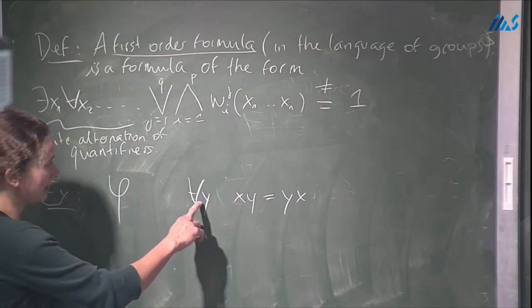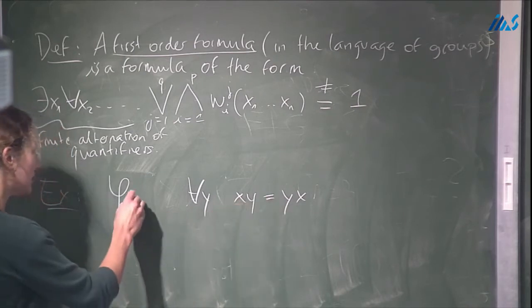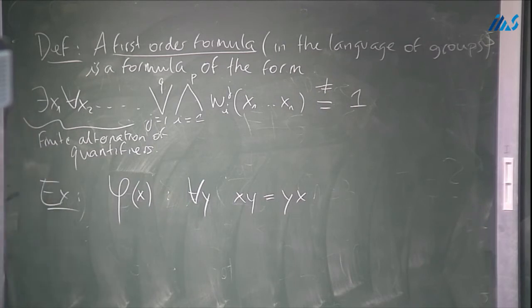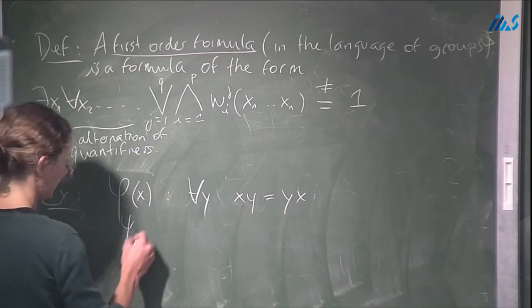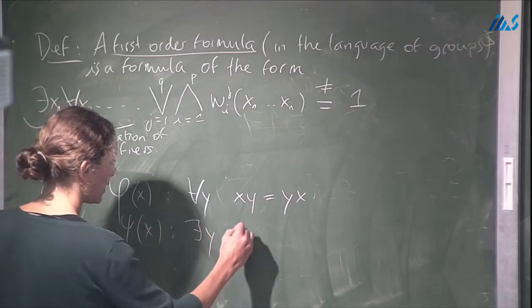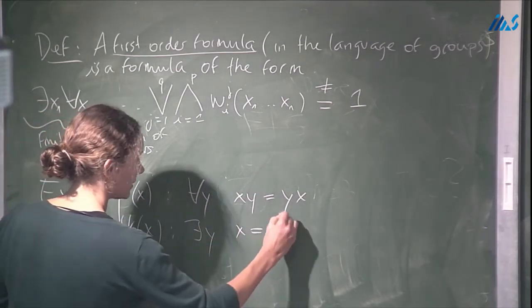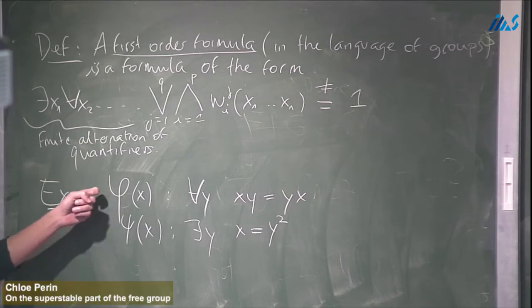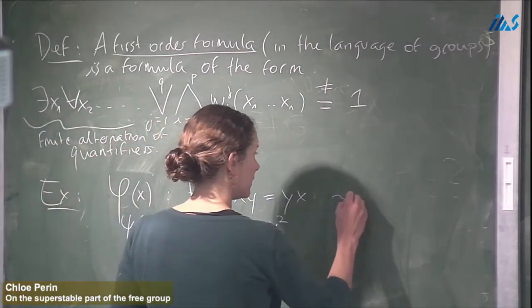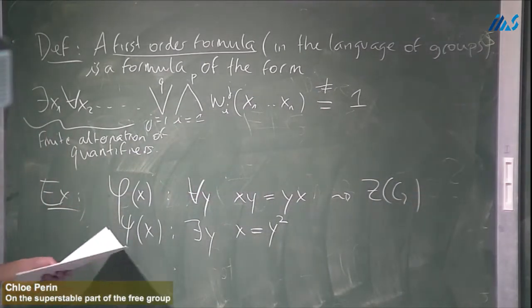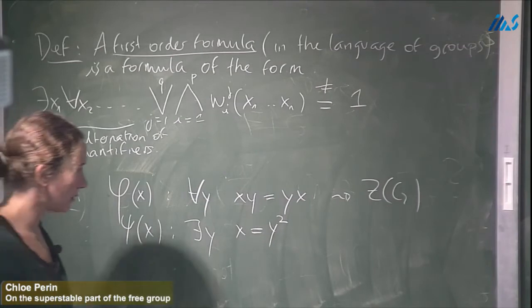And here you see that the variable x is free, so I'm going to denote it in brackets after the name of the formula. And another example, say psi of x, which says that there exists y such that x equals y squared. So if you look at the set of elements which satisfy the first formula in a group, this will give you the center of the group. And if you look at the set of elements which satisfy this formula, this will be the set of squares.